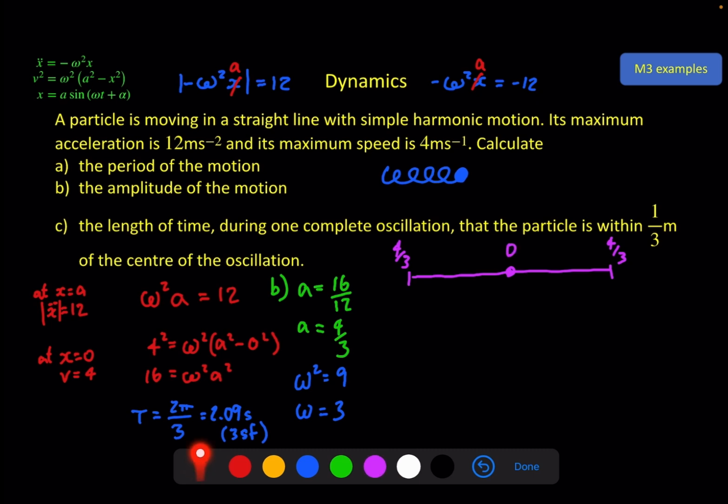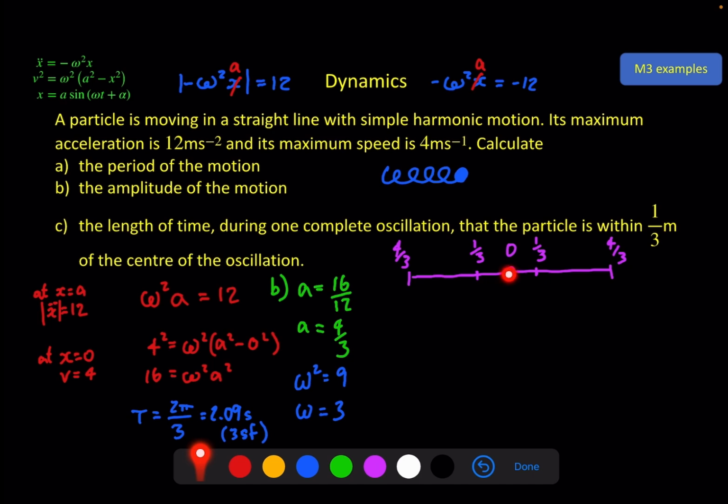We know it takes about 2 seconds to do one full oscillation, and we want to know the length of time during one full oscillation that the particle is within 1/3 of the center of the oscillation. So 1/3 is about here, and on the other side about here.